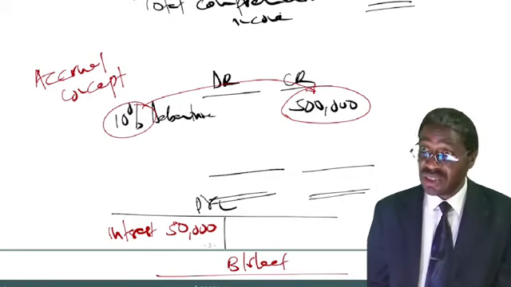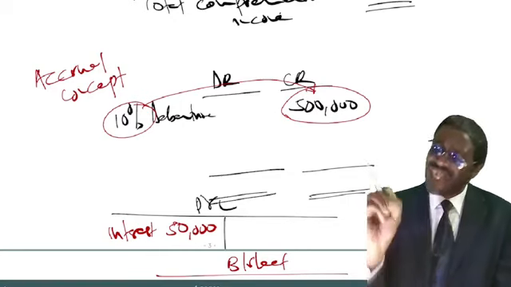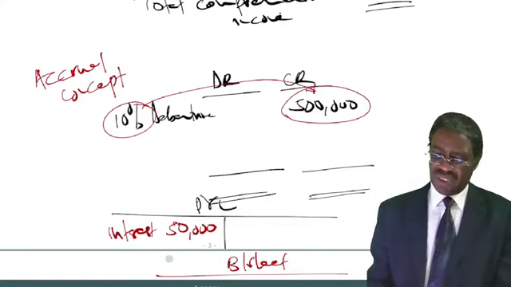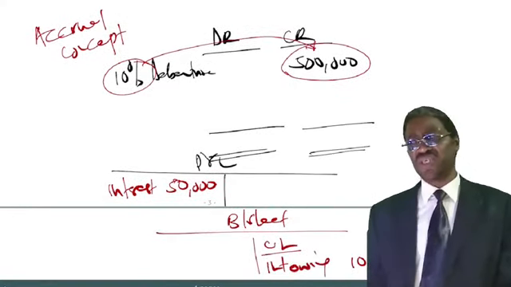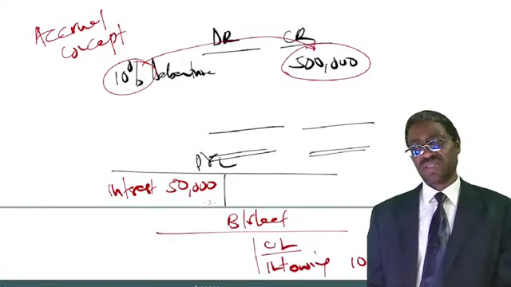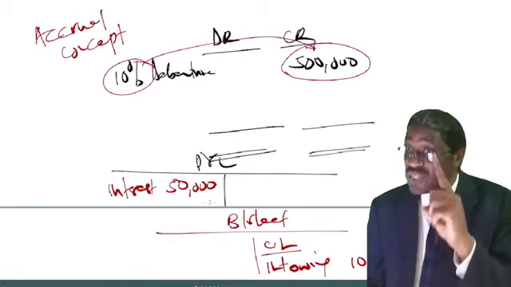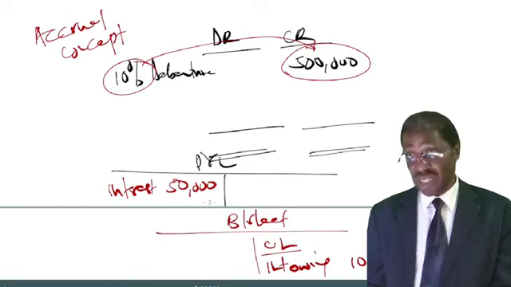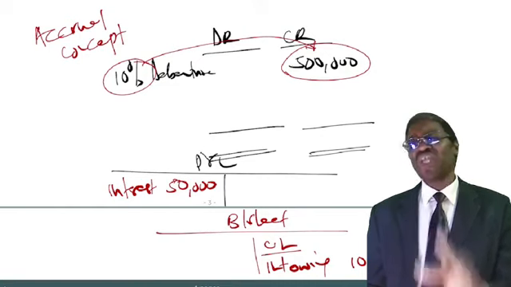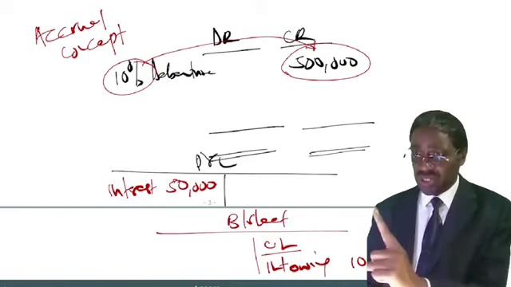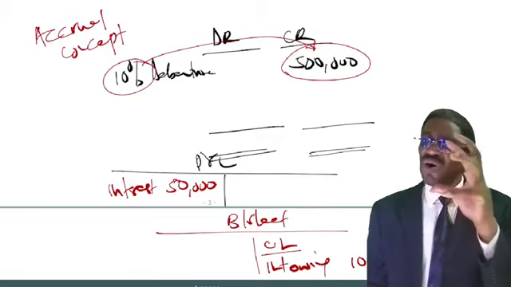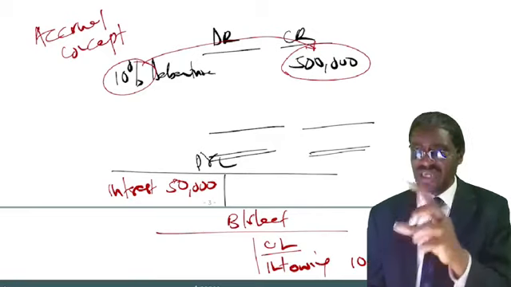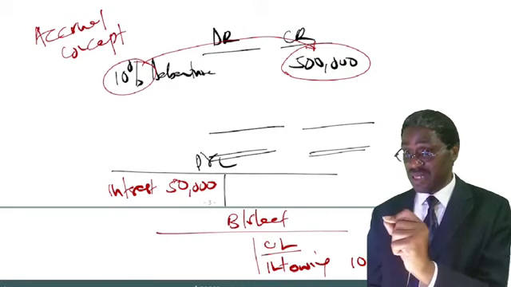Question is this. When you are preparing the income statement of this company, do you still charge interest? Yes. Whether you have paid it or not, so long as debentures are there, interest should be there.